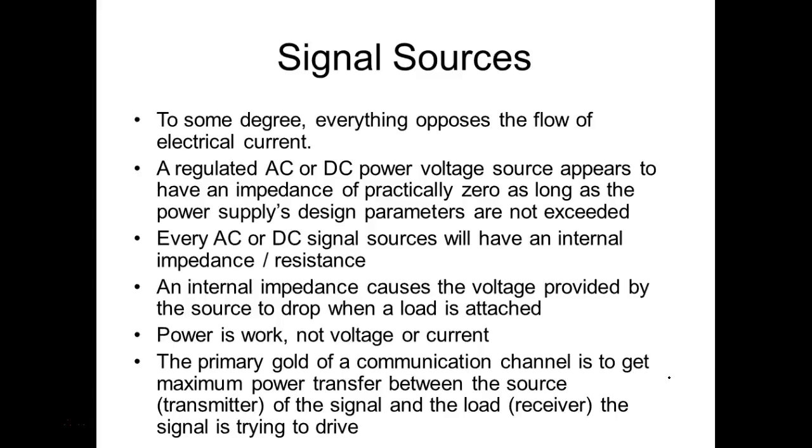The primary goal of a communication channel is to get the maximum power from the transmitter to the receiver. Trying to get the maximum power between the transmitter and the receiver. Y'all understand that? Everybody follow this so far? So, impedance matching.